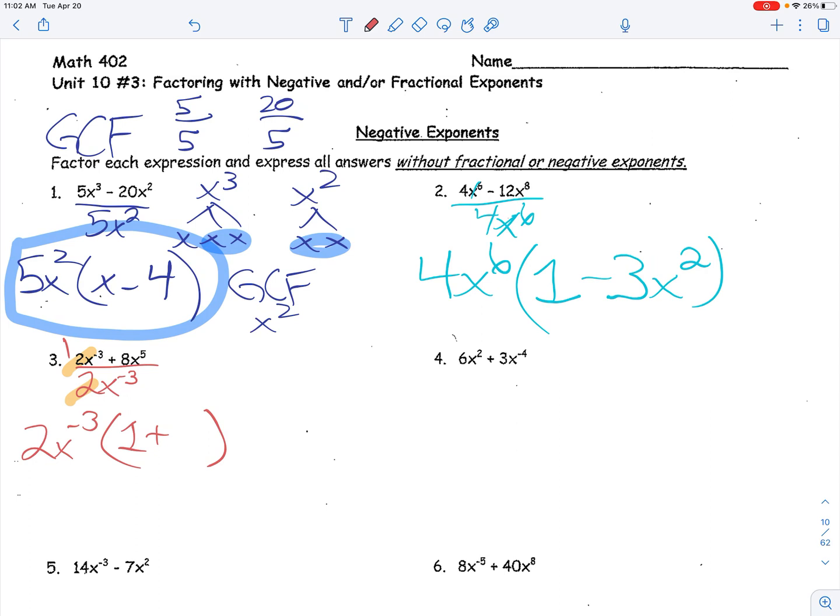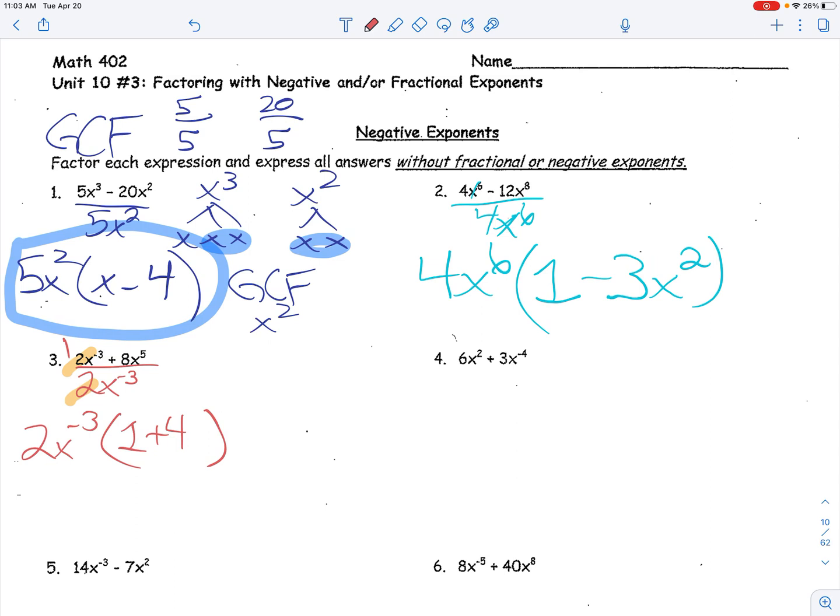8x to the fifth now, divided by 2x to the power of negative 3. 8 divided by 2 is 4. x to the fifth over x to the power of negative 3.